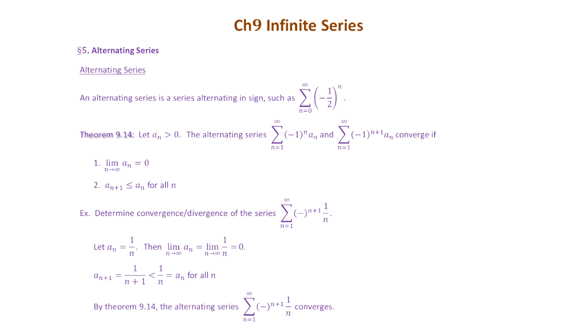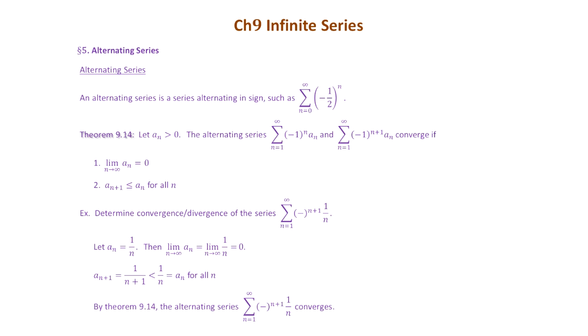Or negative 1 to the n plus 1 times an, and then the only difference between this and the negative 1 to the n is you change n to n plus 1 in the exponent. That means you change the sign from positive to negative and from negative to positive for each term. But again, this is just the typical alternate series in general form.